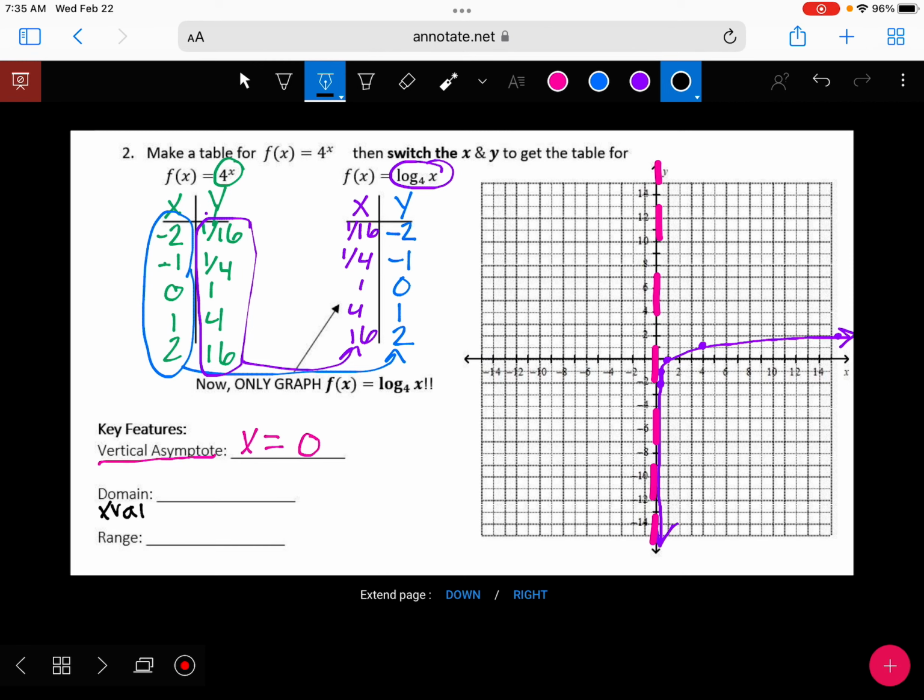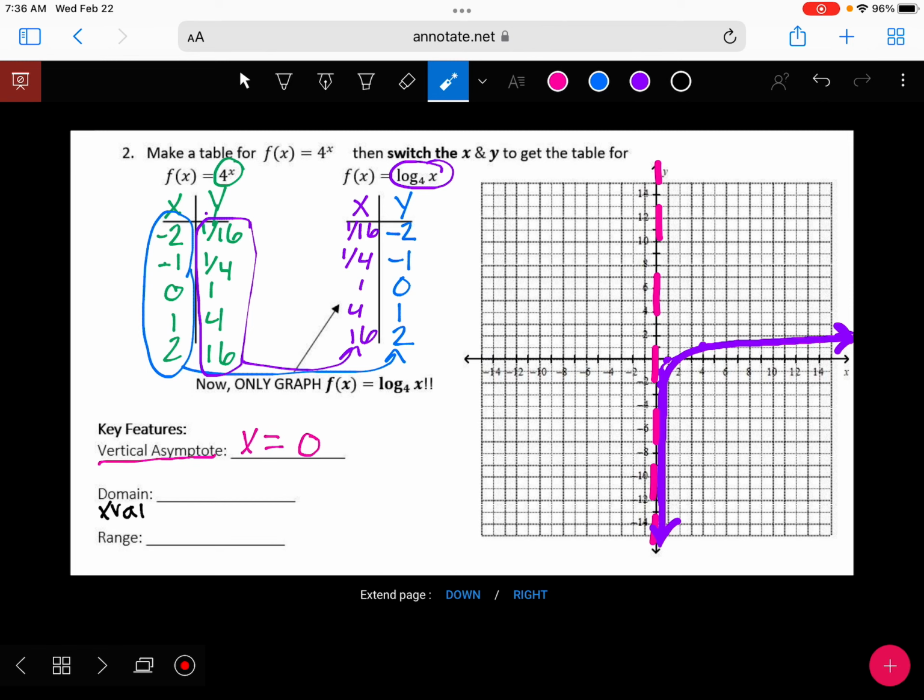So what x values work? For my purple graph. So for our logarithms, for these guys here. Which x values work? Yep, 4 works. X value 4 totally works. These ones, these ones, these ones.